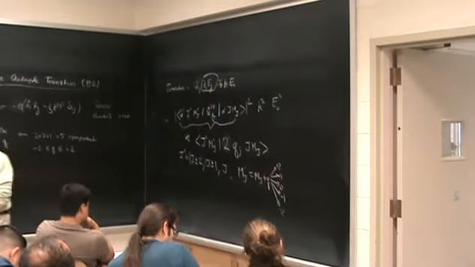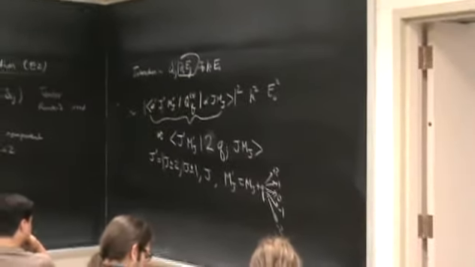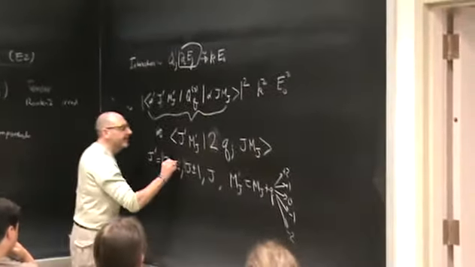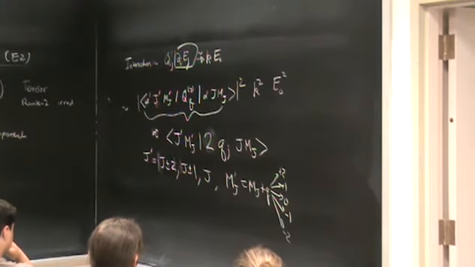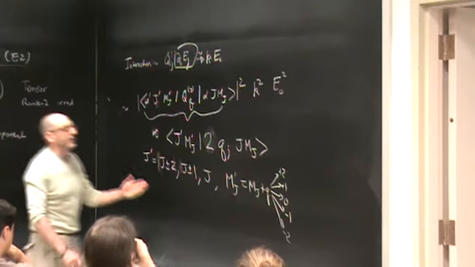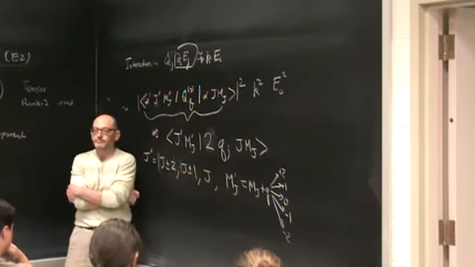So the m_J value can change by q. So angular momentum conservation dictates to me that I have these allowed transitions.